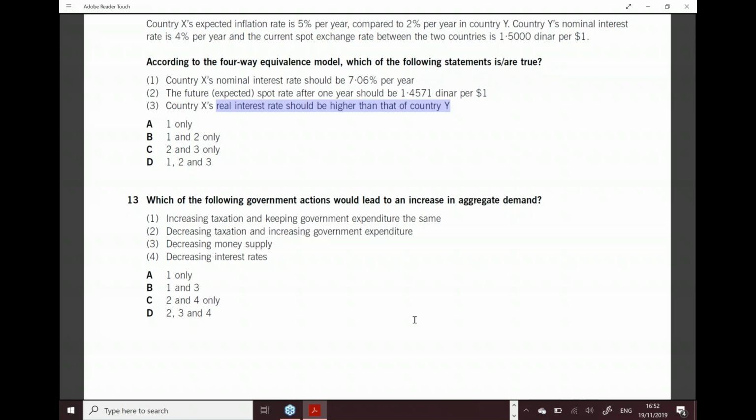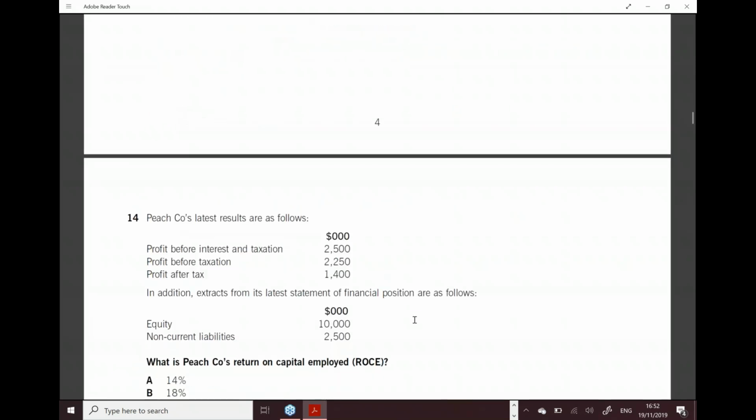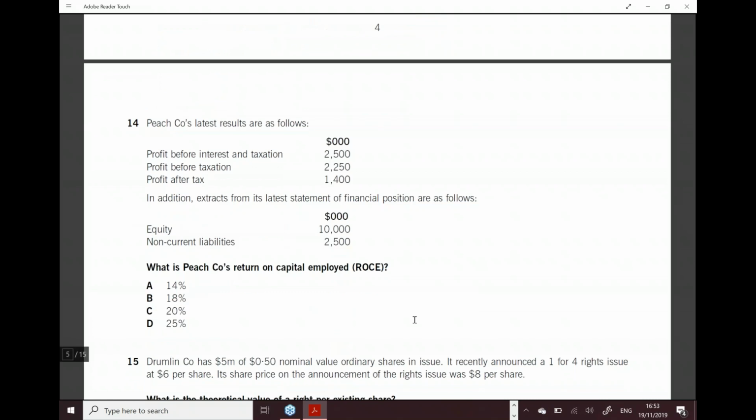Okay. The next one. They've given us a company's results and they're asking us for the return on capital employed. So how do you work out return on capital employed? Return on capital employed is the return on your total assets, irrespective of how your assets are funded. In any business, what matters is the return the asset generates, not how the asset is funded.